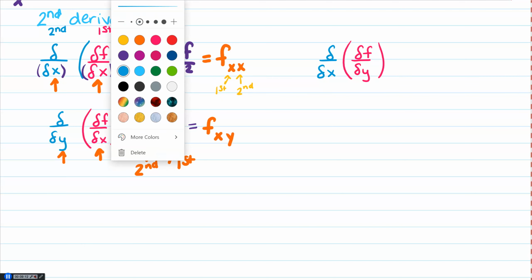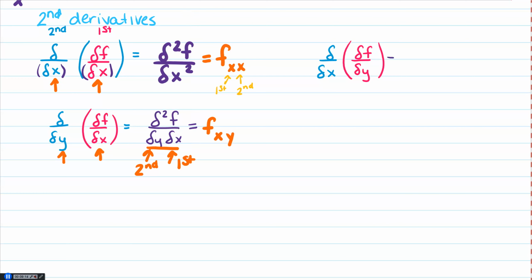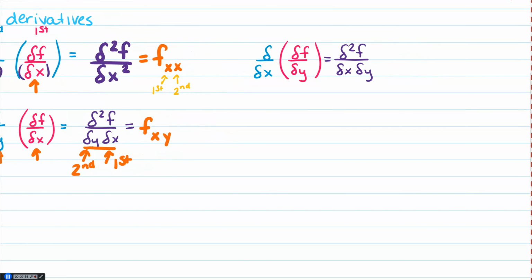So if we were going to put this in the d notation, it would be d2f over dx dy, and we're using not a regular d but a delta d. You could write it kind of looking like a d, but try to make it a little bit different than a Roman d. Okay, so then this would be f sub yx, since we did y first and x second.